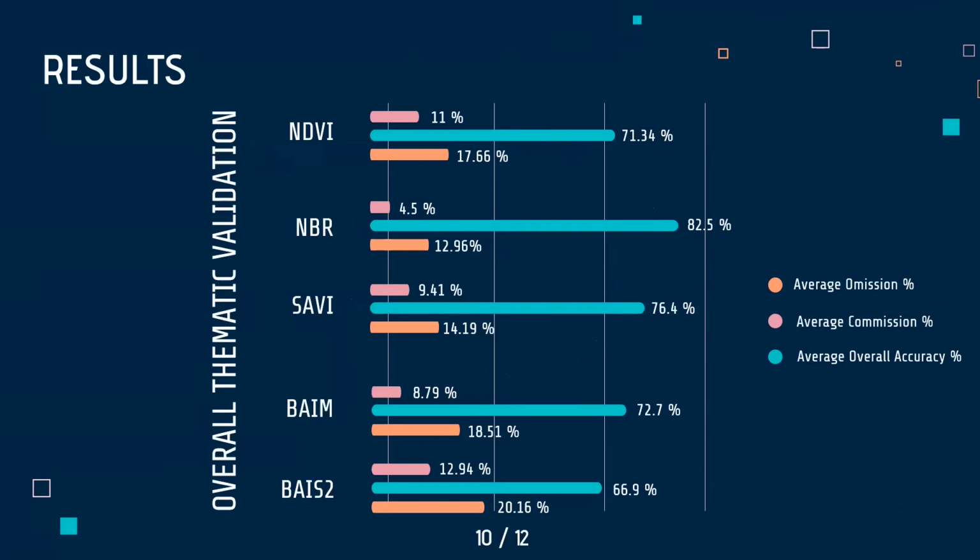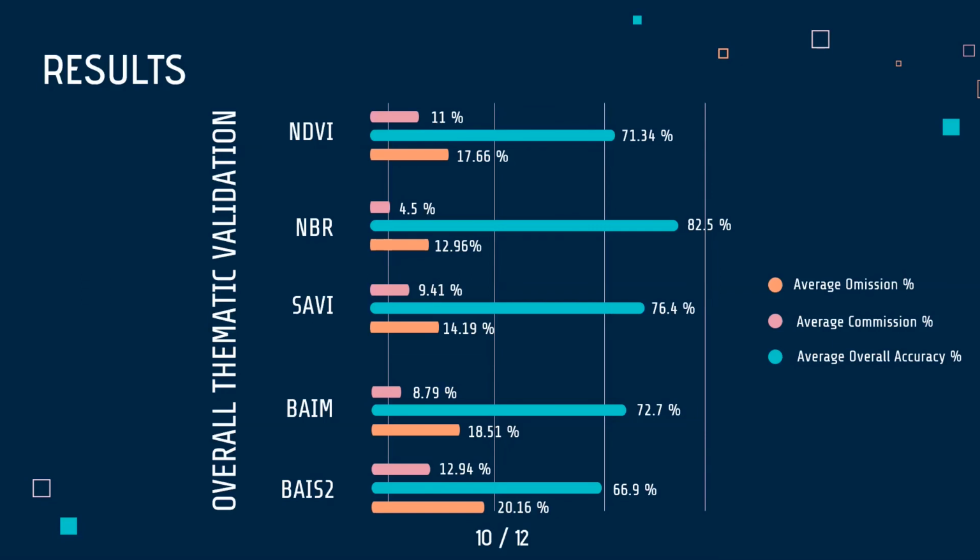Yeah, I'm almost finished. The results are also about the environmental aspects that could influence the final result. In the graph, you can see that the NBR is the best index, of course, because it's the most famous index in the literature.